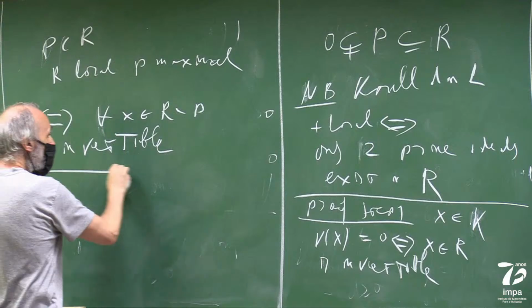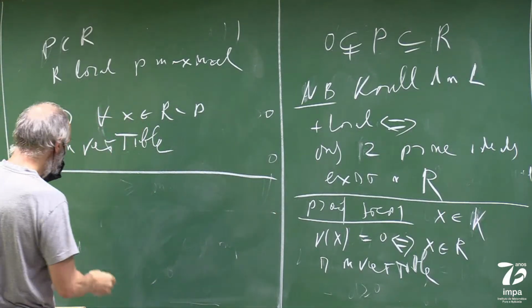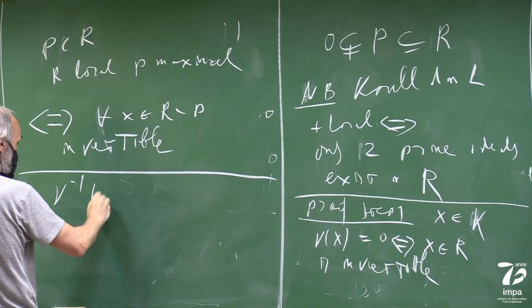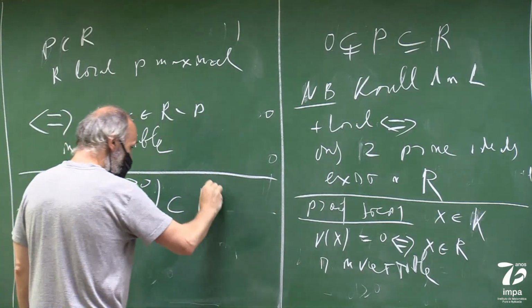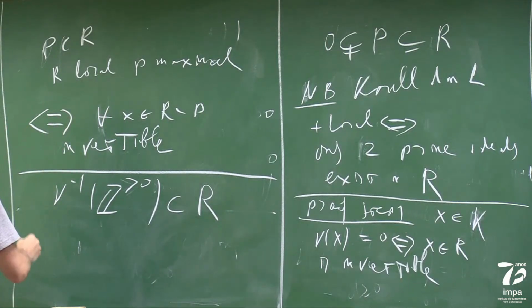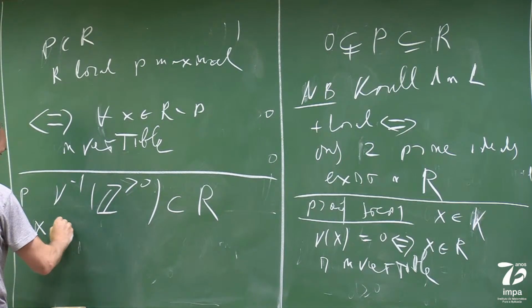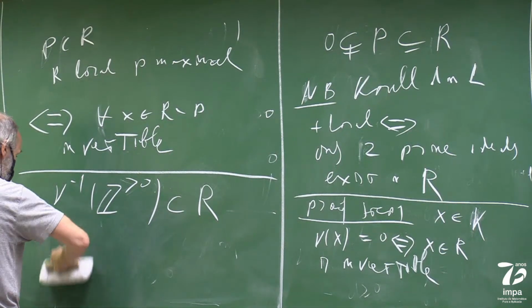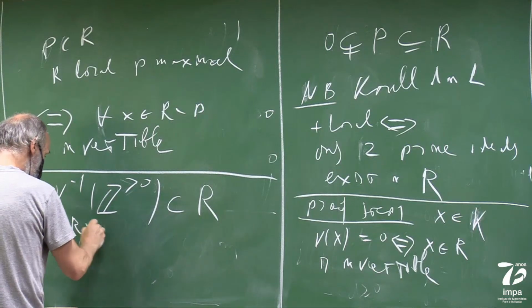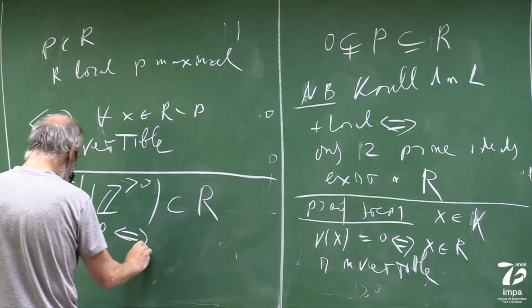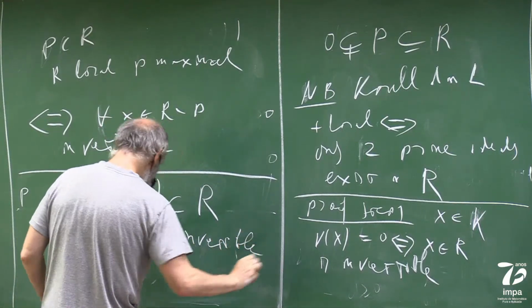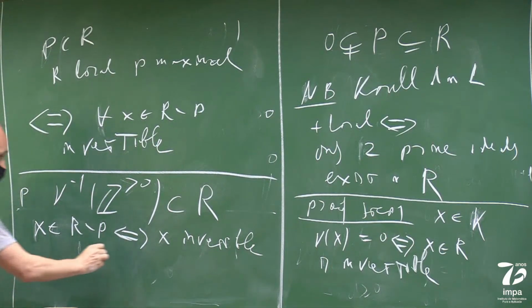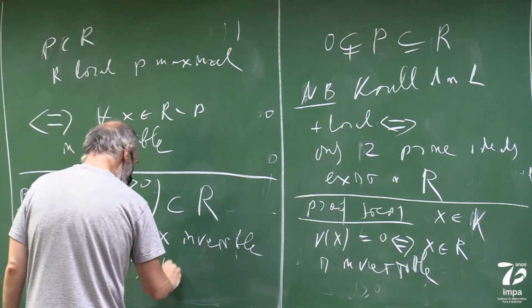Good. Now we have our ideal, nu minus 1 of positive integers. It's an ideal in R. Let's denote it by P. If x belongs to R without P, this is equivalent to x being invertible, which is also equivalent to nu of x being 0.